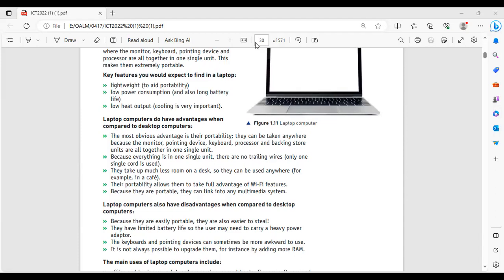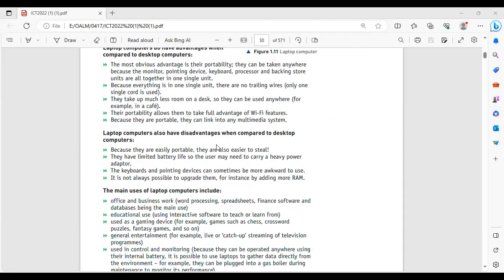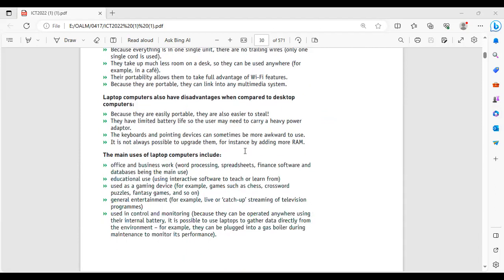Okay. What about Shamail? Can you explain the disadvantages? Yes, sir. The first one is that because it's easily portable, we can take it anywhere, so there's a chance that it could get stolen or anyone could take it away.